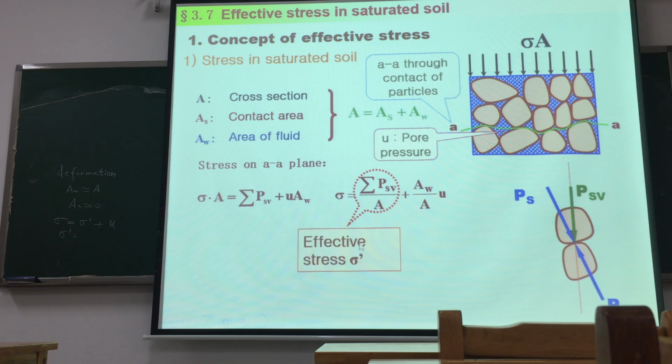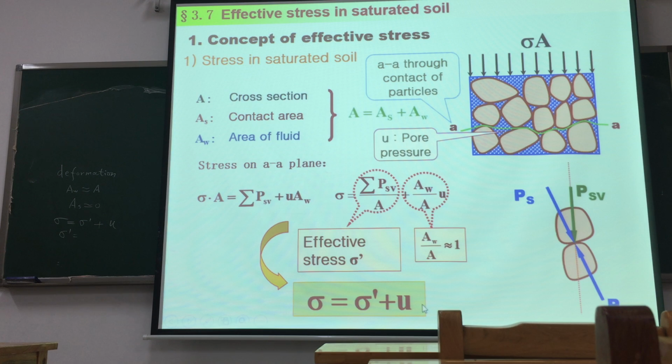So maybe the effective stress is not the real contact pressure, but the contact force averaged over the cross-section. Okay, and u represents the pore water pressure.